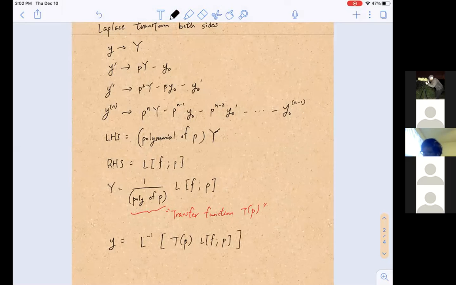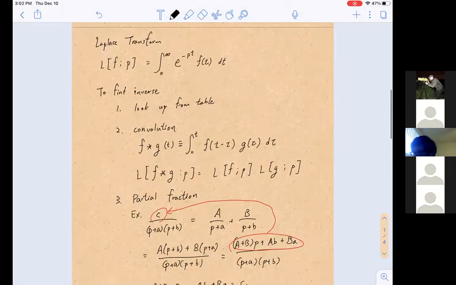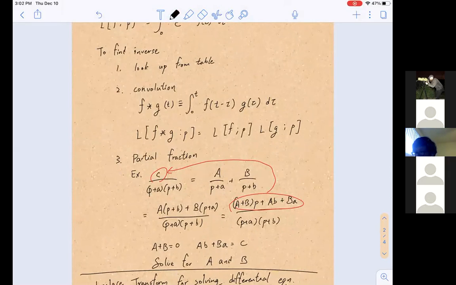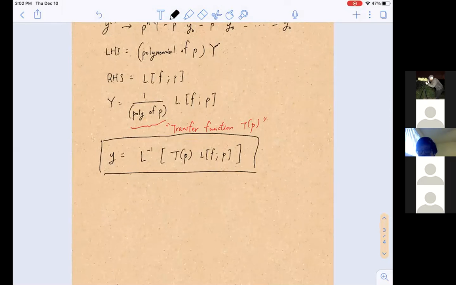So that's your solution. And the way to find the inverse transform, we just went over it previously: you look up the table, or you find the inverse using convolution, or use partial fractions. And then that's your solution.